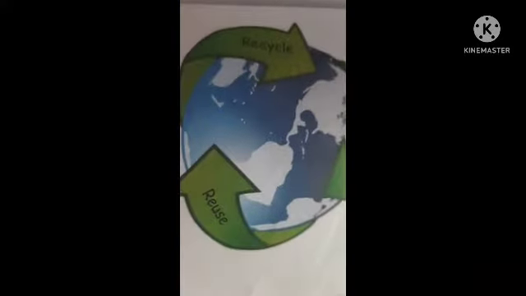Dear children, please see carefully. It is on page number 27 of your textbook. Here is the diagram of the 3Rs. We generally see it as 3 Rs: reduce, recycle and reuse.